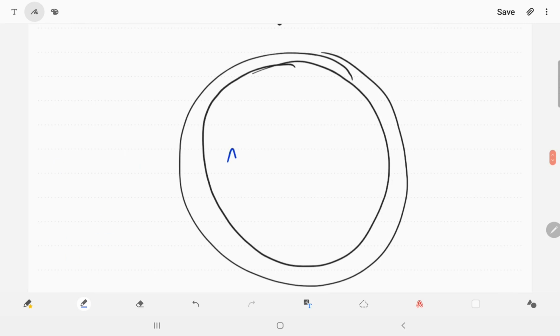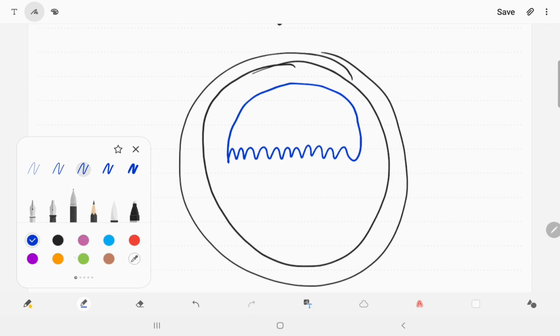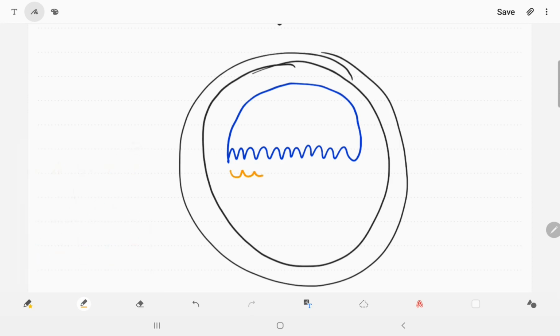So yes, this was the epiblast and this was the hypoblast. Can you see that with the formation of the epiblast and the hypoblast, I have divided the zygote into two cavities? Since these layers have grown all inside the cytotrophoblast, I have divided the zygote into two cavities.